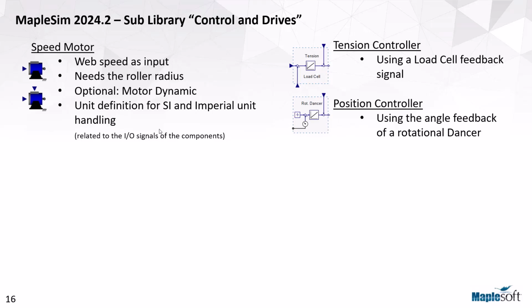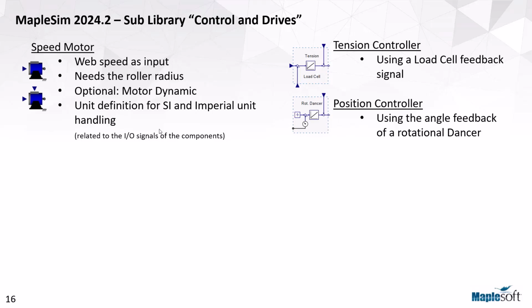And also it is possible to use SI units as well as imperial units for these control signals. So if you are more familiar with a different kind of units, you can also use this.